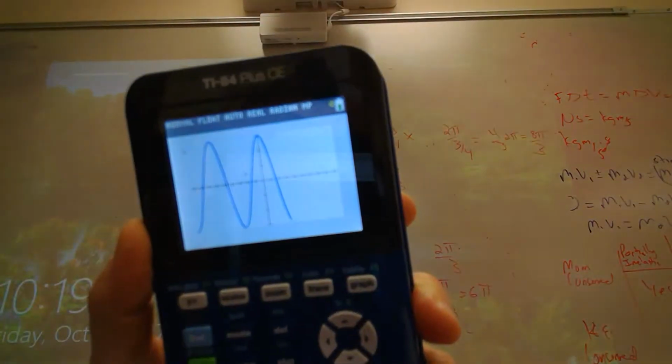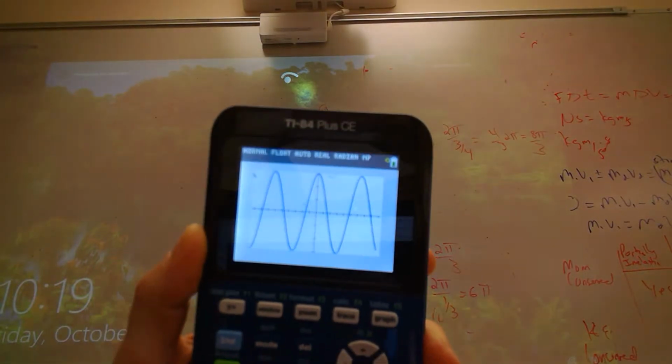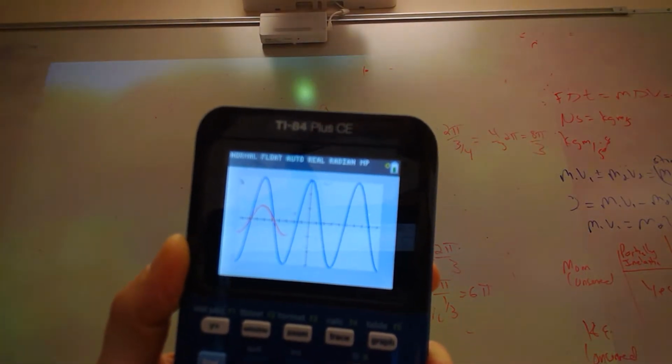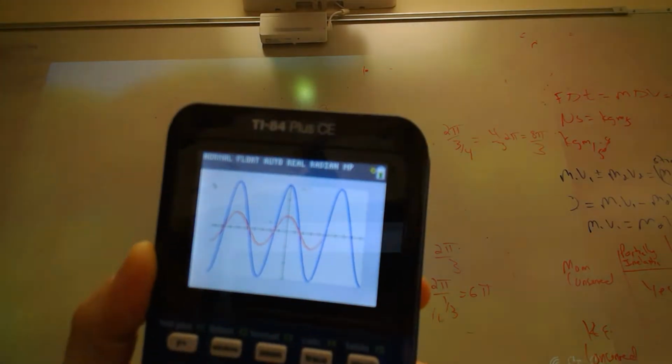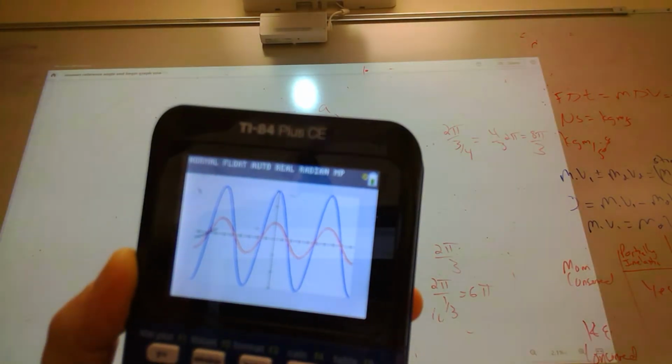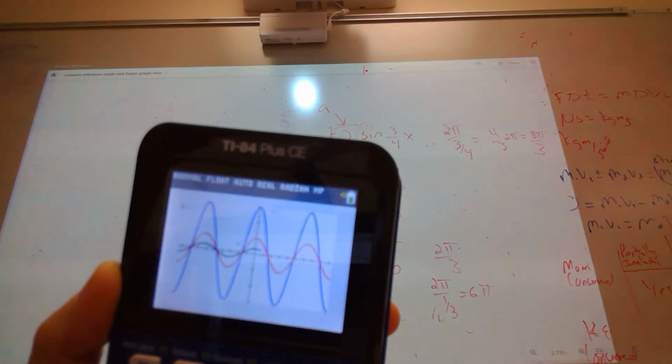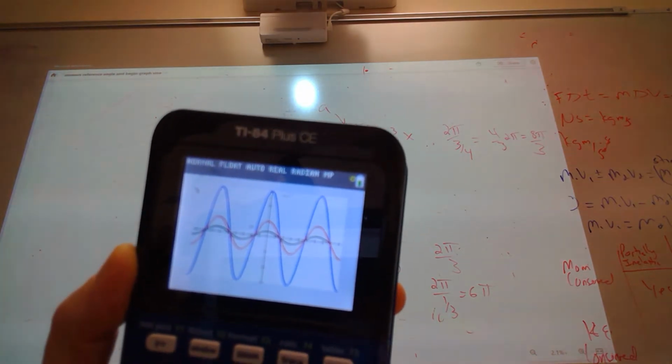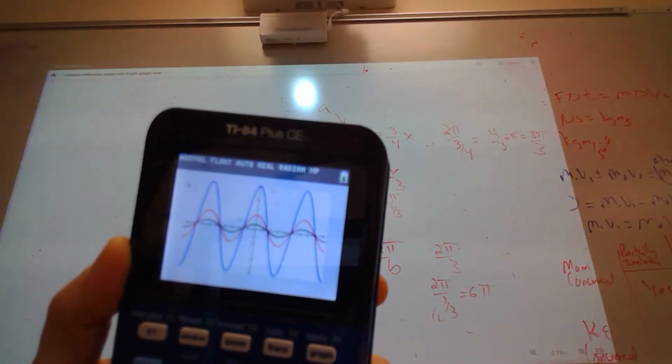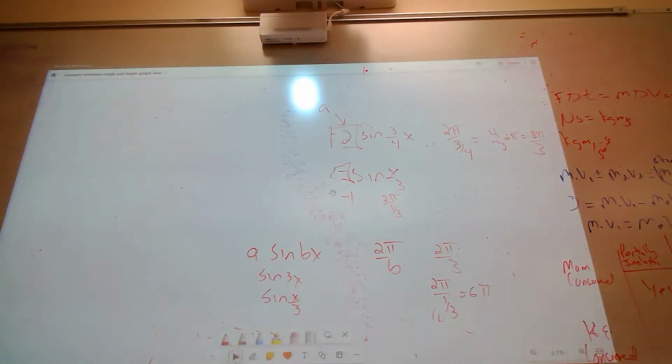Okay, so it looks like this. Everybody see that? Okay, now let's look at cosine x, cosine 3x in the parentheses, and cosine 1/3 x.